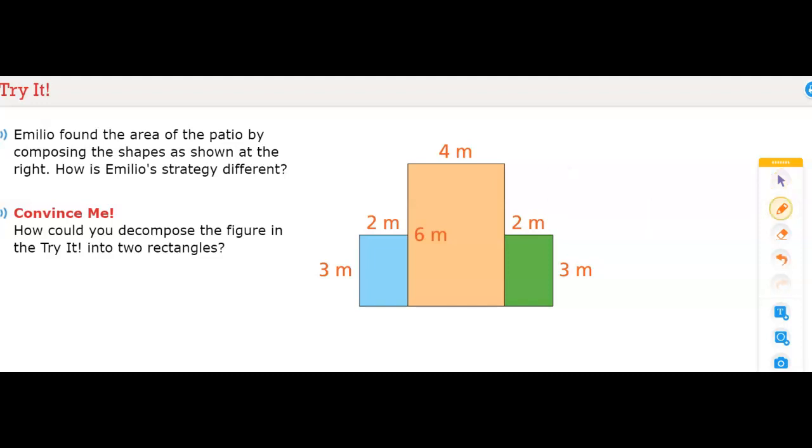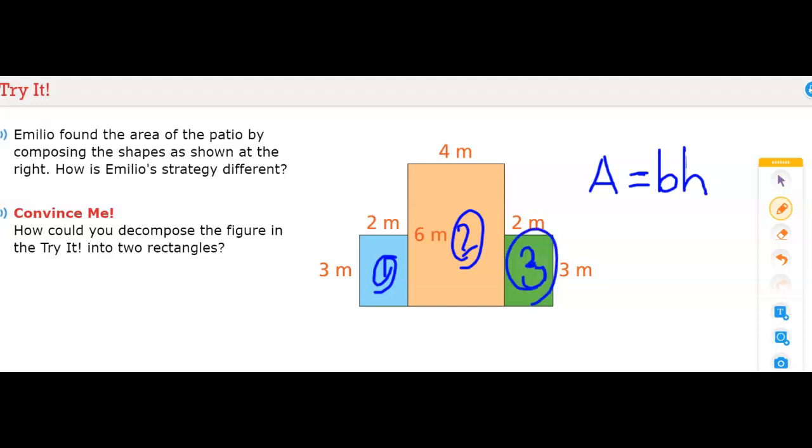So we know that area is equal to base times height. So we will use this formula for each of the rectangles. So this will be rectangle 1, rectangle 2, and rectangle 3. So we have 3 times 2, because base times height, that's our base, that's our height. 3 times 2 is 6.